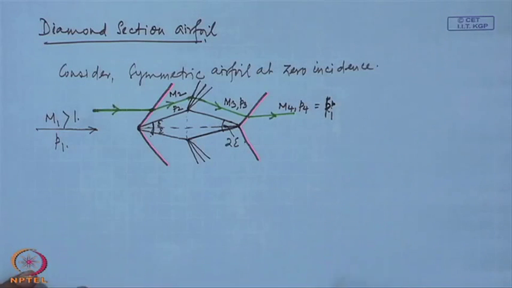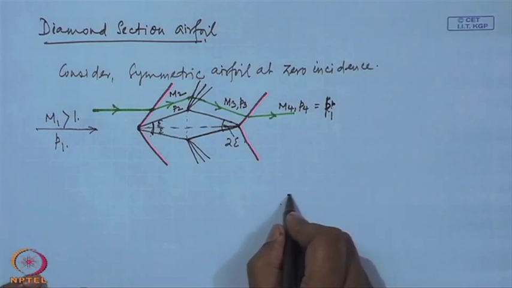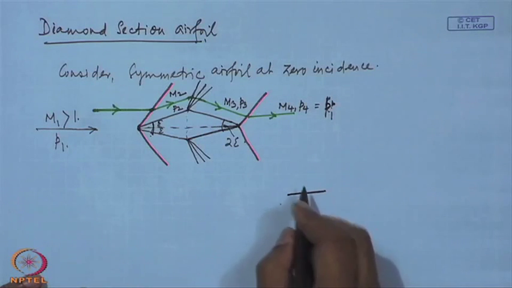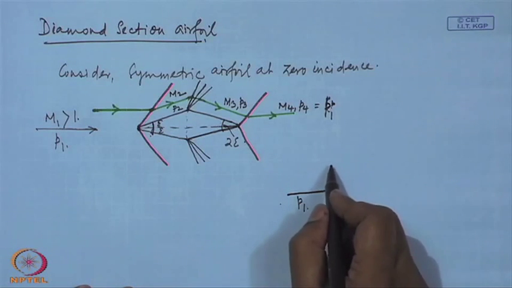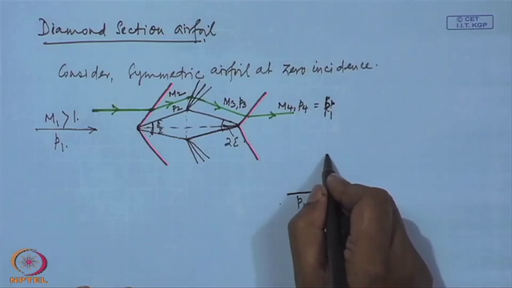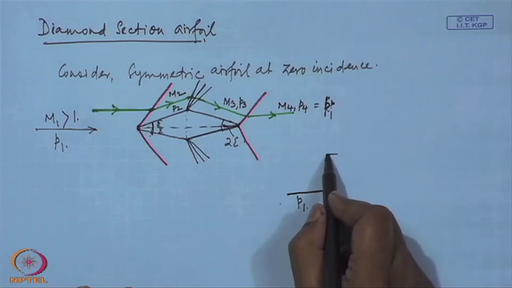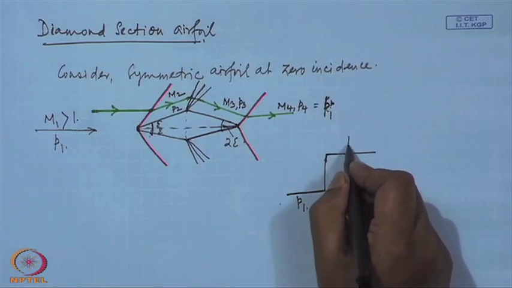Now, the pressure distribution, if we plot on the airfoil surface: upstream of the geometry, the pressure is uniform at P1. At the shock, pressure jumps to P2, and on the surface the pressure remains constant at P2.